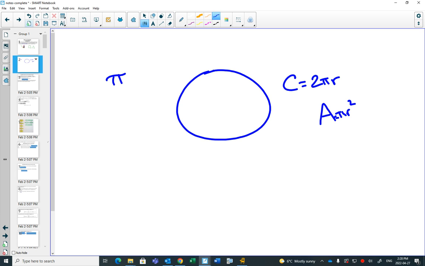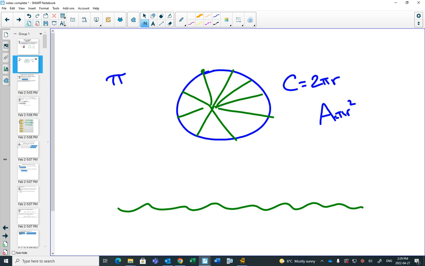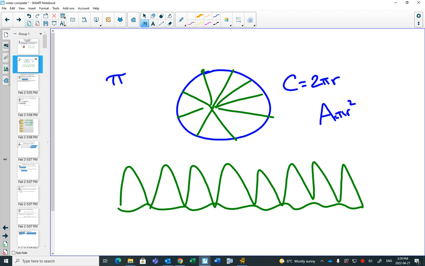And so what Archimedes did with his circle is, he's like, imagine you had an orange, and you did a slice right through the center of that orange, and it would sort of look like this, right? A bunch of slices or sectors. And if you opened up your orange at one end and laid it out flat, sort of as flat as you could, it would look like that, okay?